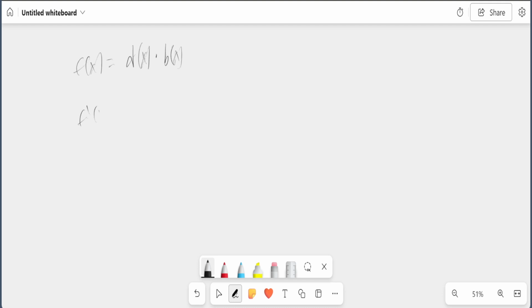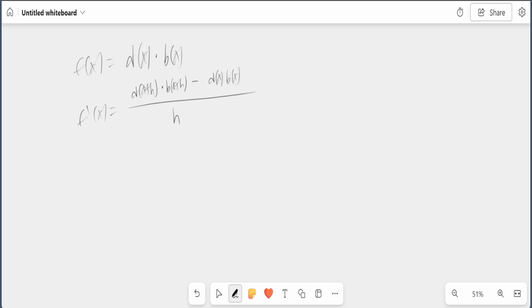So f prime of x is equal to f of x plus h, so a of x plus h times b of x plus h minus f of x, all over h. And so we're going to add and subtract up here.